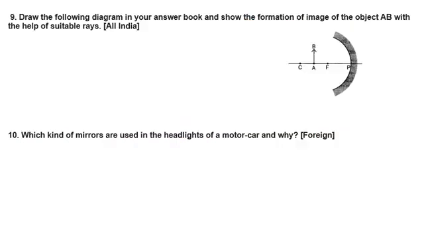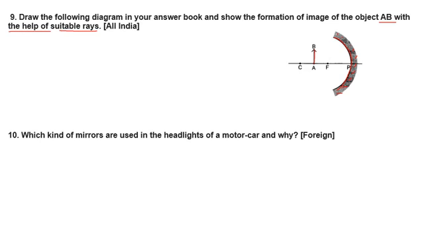Let's do question number 9. Draw the following diagram in your answer book and show the formation of the image of the object AB with the help of suitable rays. Now as we can see in this diagram, this is my concave mirror, and I have kept an object at A. The object is between C and F, between the focus and the center of curvature.